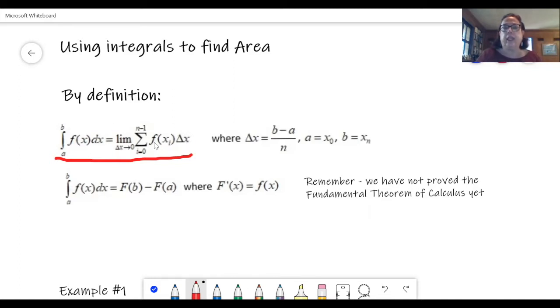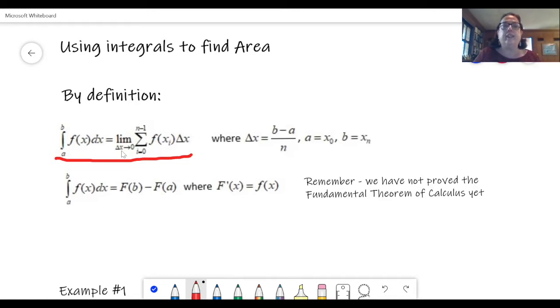The function f of x gives you the height of the rectangles, and delta x, which operates in a range from x equals a to x equals b, is divided into n rectangles. Delta x is getting infinitely small. That means the number of rectangles, n, is getting infinitely large.